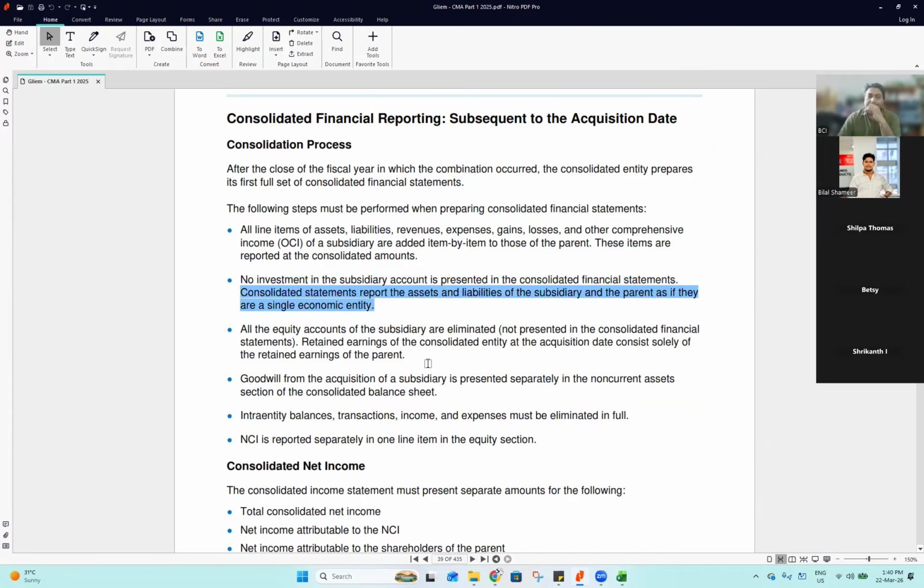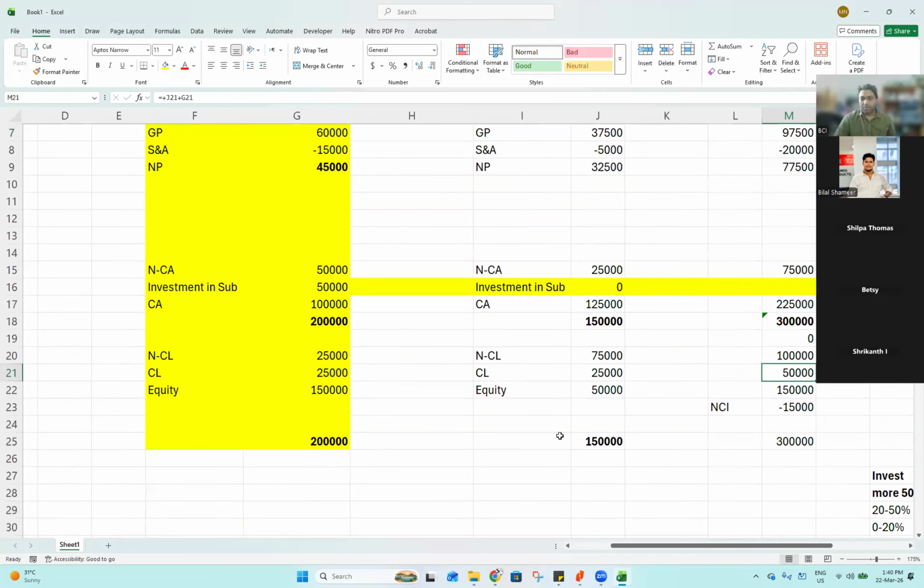Next, all the equity accounts of the subsidiary are eliminated, not presented in the consolidated financial statements. Retained earnings of the consolidated entity at the acquisition date consists solely of the retained earnings of the parent. So here we won't take the equity of the subsidiary. What was the subsidiary's equity here? 50,000.